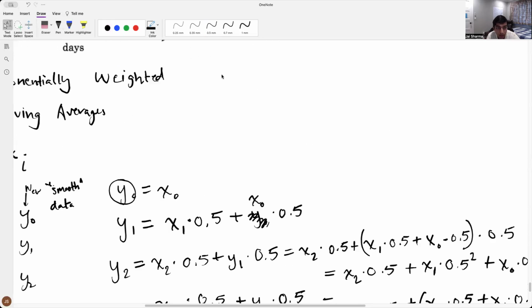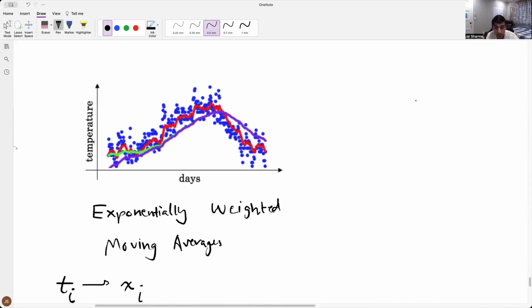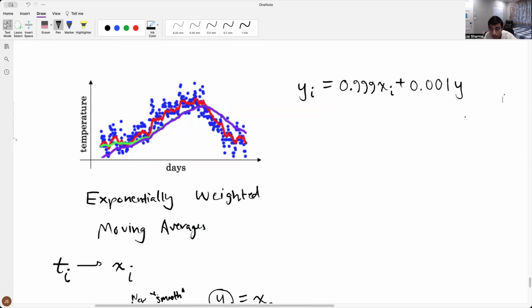So I want to go back to this graph over here and say, basically, let's say we said y at any particular time step was equal to 0.999 times xi, so the reading of x at that time step, plus 0.001 times yi minus 1.